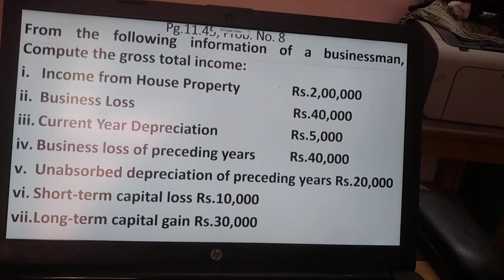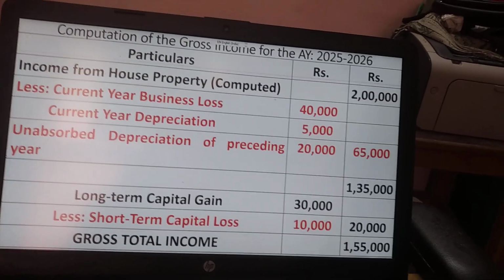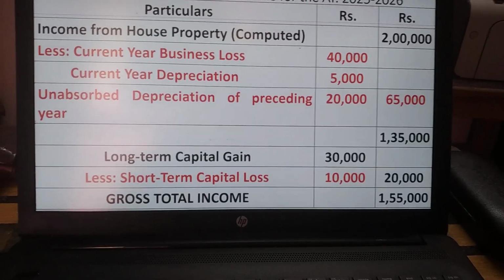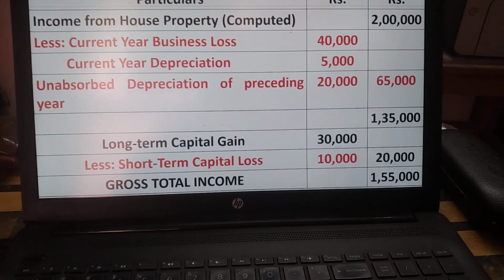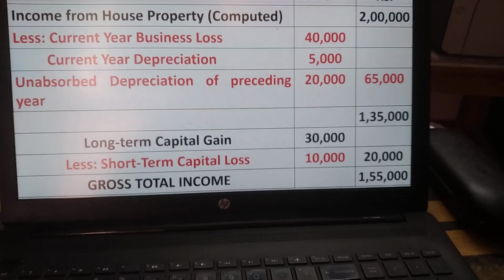Besides this, they have not given anything, right? So in such a situation, you have to understand that it is already computed. 2 lakhs, income from house property computed, 2 lakhs.